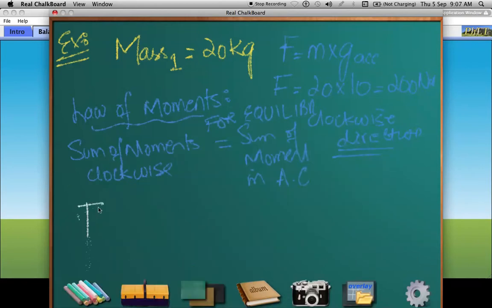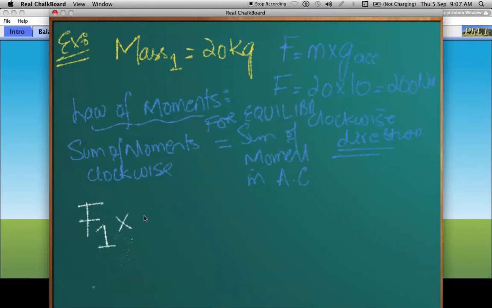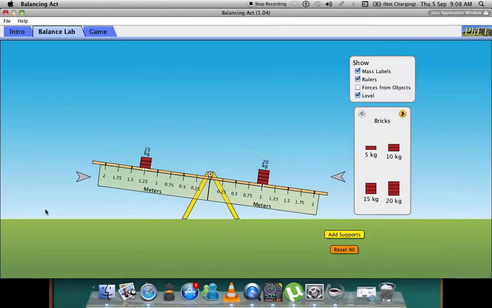I would say this force, which I say force 1, times the distance of this force from the pivot, should be equal, for equilibrium, to some second force, which would be given by this mass, because we know that this would take it in the anti-clockwise direction.